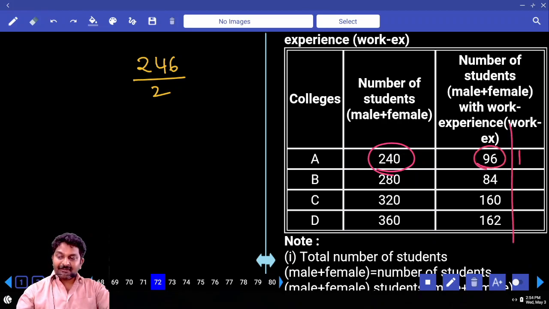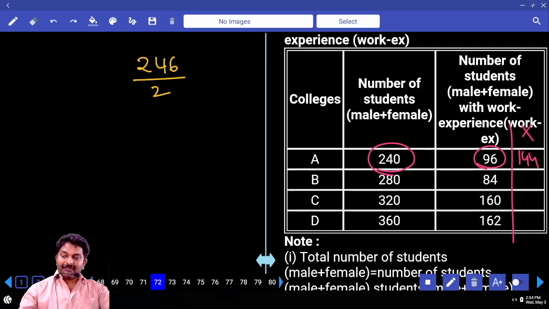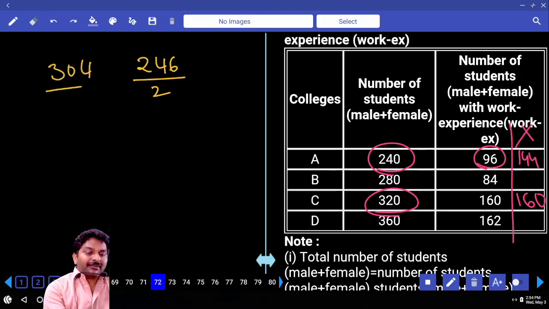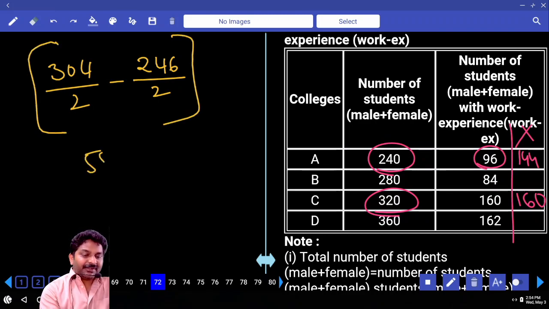Then remaining 144 are freshers. In C, out of 320, 160 have work experience, remaining 160 are freshers. Average of those two numbers, 144 plus 160, 304, average by 2, and for these two numbers we were asked to calculate the difference, 58 by 2, 29.